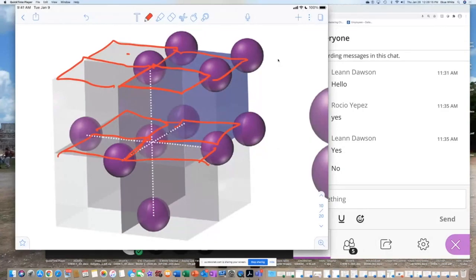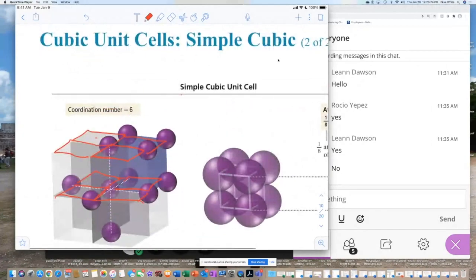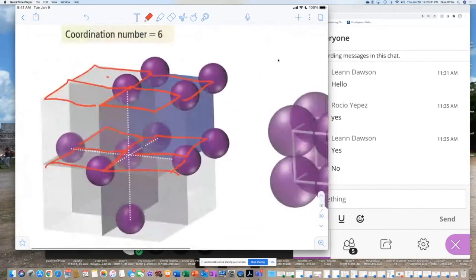And if you keep adding on top, on the side, on the bottom, you will see the atoms as whole. Okay. So as we were looking at the simple cubic cell, if you look at just one, you see the atoms as pieces. But if you take 8 together, they look more whole.